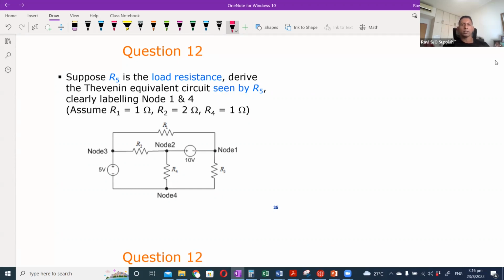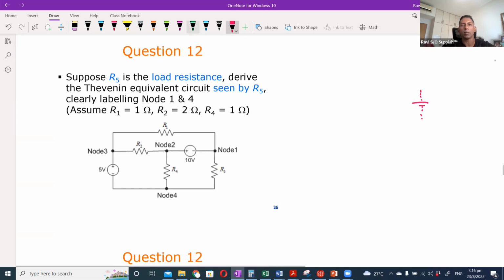To do Thevenin's resistance, basically what we need to do is replace this source R5 with an imaginary battery source. That is an easy way to do it.